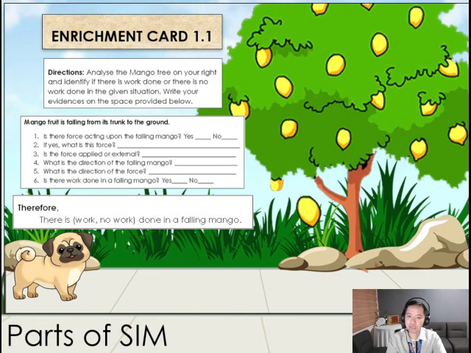Analyze the mango tree on your right and identify if there's work done or no work done in the given scenario. Write your evidence in the space provided below. So I have here structured questions that will lead them to the answer. Therefore, there is work or no work done in the falling mango.